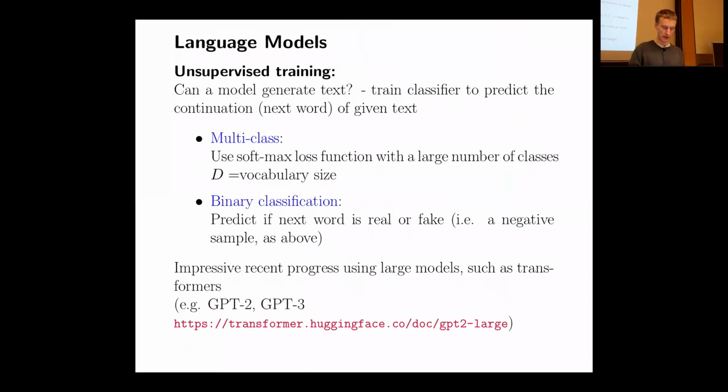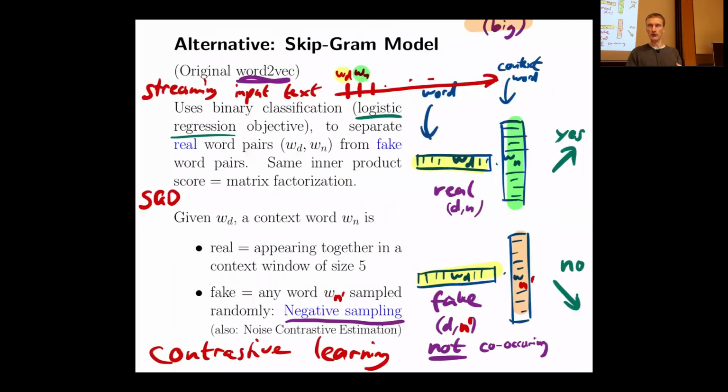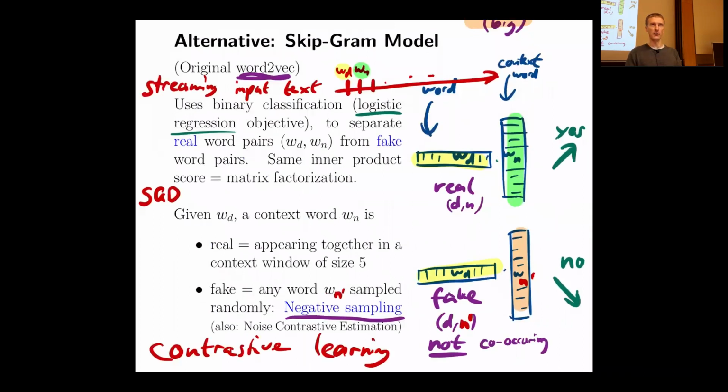And the idea here is actually a bit of a continuation of what we have seen here, right? So here you got two words. You had to tell me, is this a real or fake instance of two words appearing in a real text, or is it just a random pair of words?